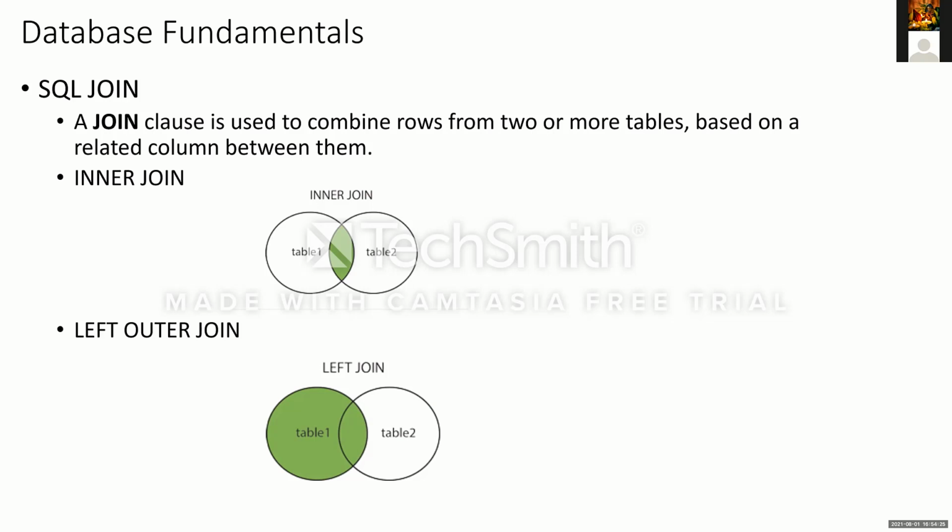For R1 to R5, you will have hire date and first name and last name populated. From R6 to R10, you will have hire date populated, but the first name and last name will be blank because they are not there in the right hand side table. So all the records display from the left table, but only for the common fields will records display from table 2.